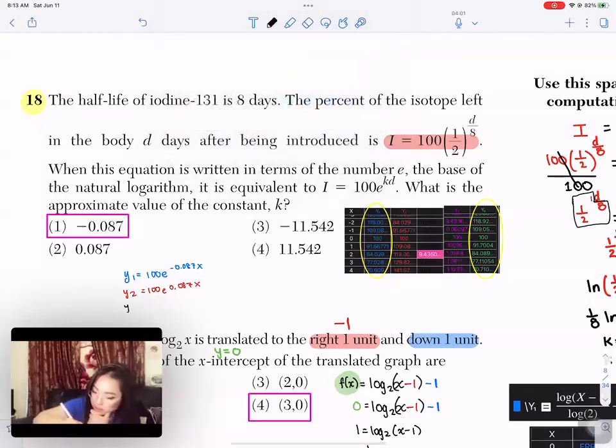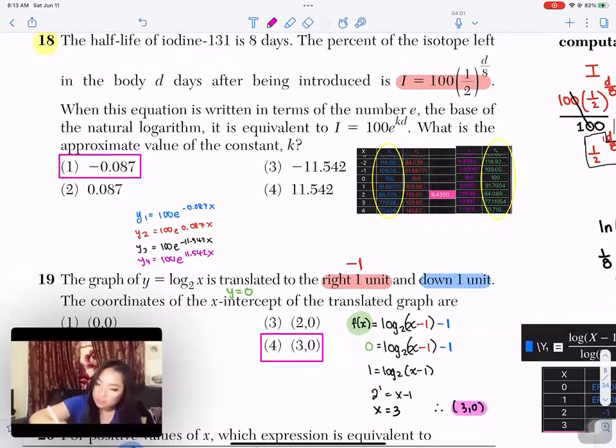Y3, which is in black, and you can hardly see it. I'm not sure why the emulator does that, but it's e to the negative 11.542x. And then the last one is Y4, which is equal to 100 e to the 11.542x. And then the original, so I'm just going to move this up a little bit.